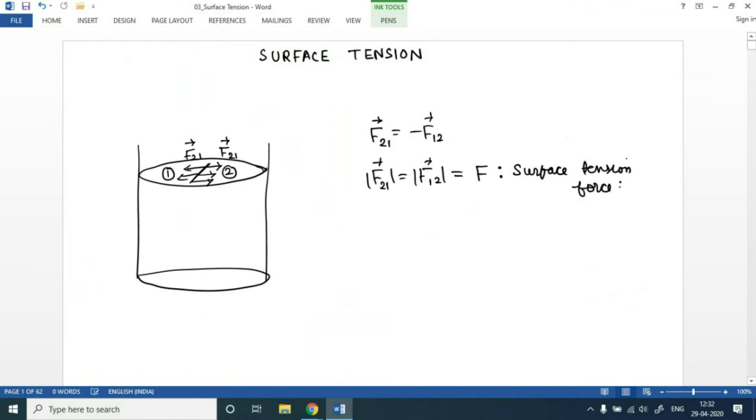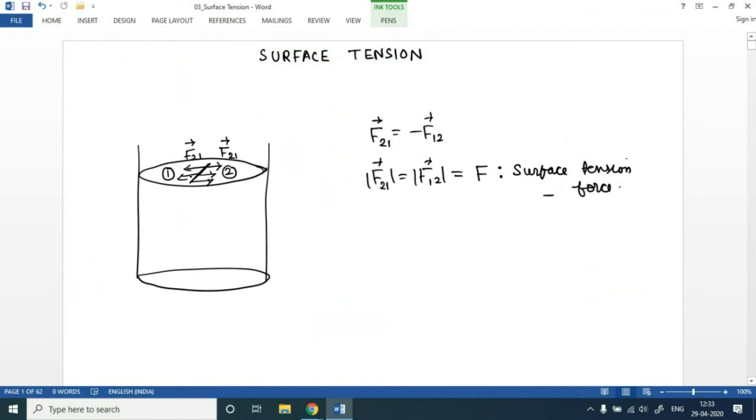That is nothing but the force exerted by the liquid molecules on one side of the surface on the liquid molecules on the other side, which are in contact with the imaginary line drawn on the surface. So the surface tension force is clearly the force of interaction between the molecules on the surface which lie on this line.